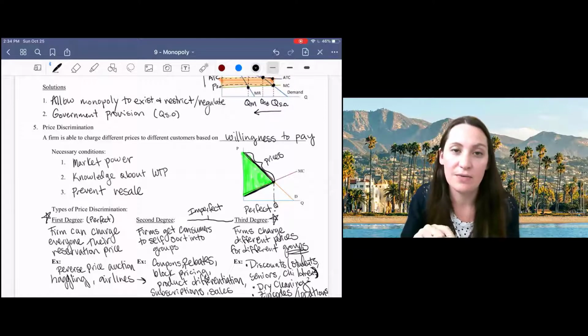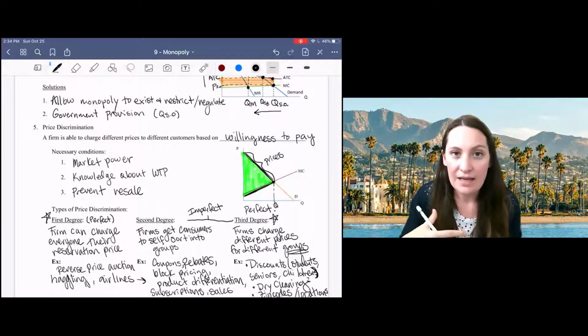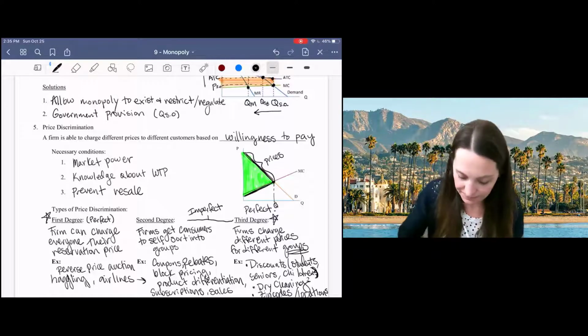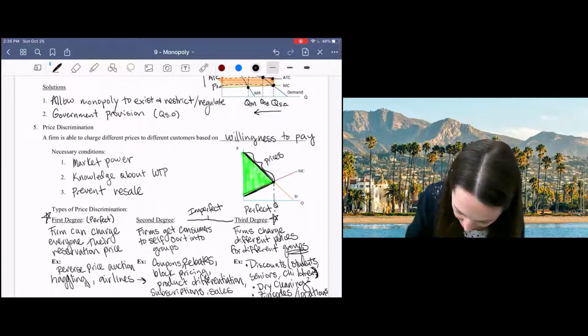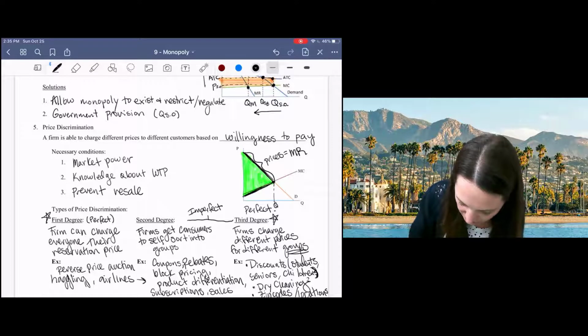The difference between this and uniform pricing within a monopoly is that we can lower the price for the next customer without lowering the price for all the previous customers. So our marginal revenue here is equal to the set of prices, and we produce all the way out to the socially optimal quantity.